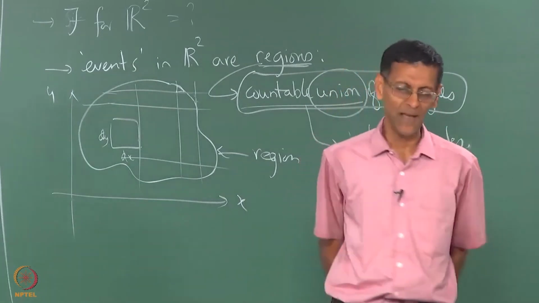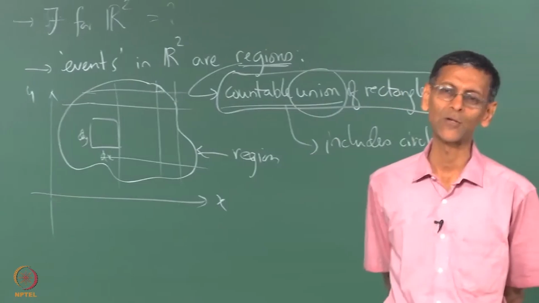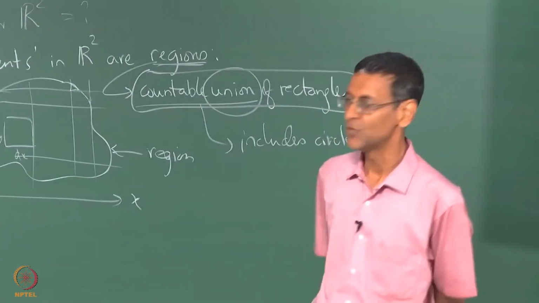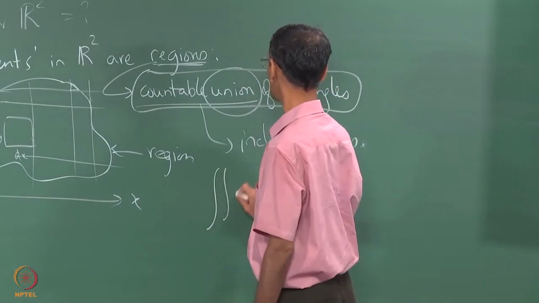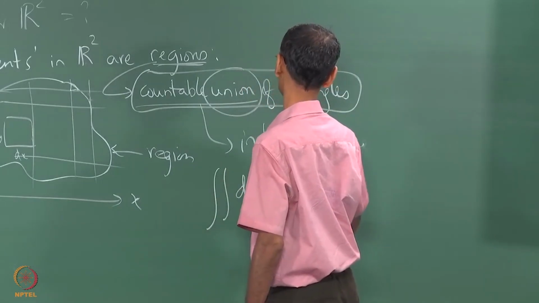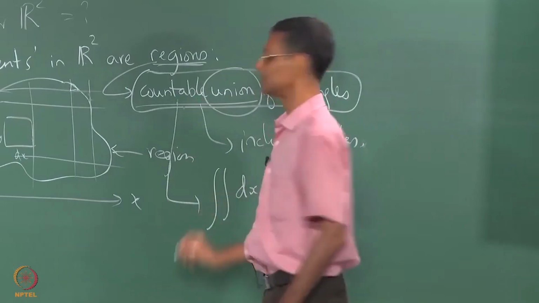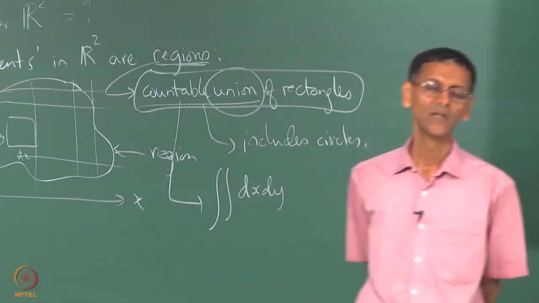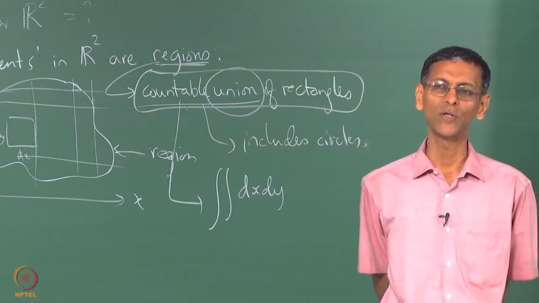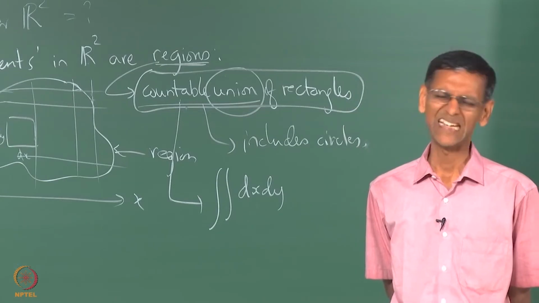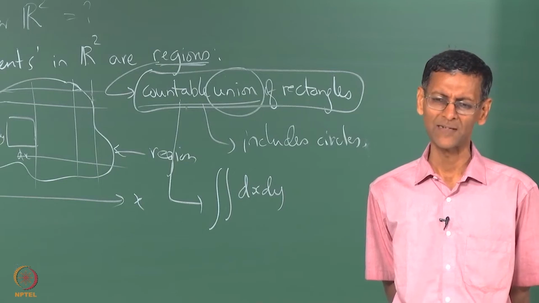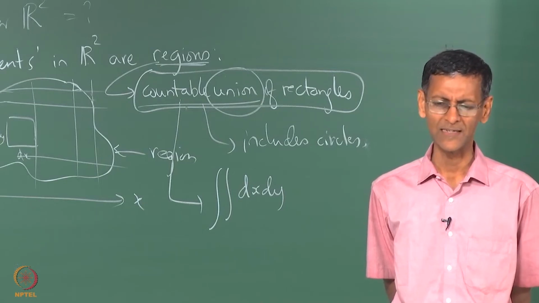Basically I think this goes back to when you studied multivariable calculus, right. If you do the integral, what is this integral dx dy? Basically by doing a countable union we are doing this. This is a countable union, just like integral dx is a countable union of intervals, but integral dx is too trivial, right.